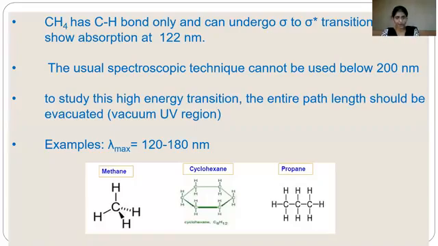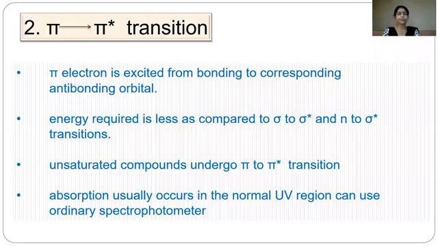This was the first kind of transition, sigma to sigma antibonding, which requires the maximum amount of energy, and for recording this we require a vacuum UV spectrophotometer.